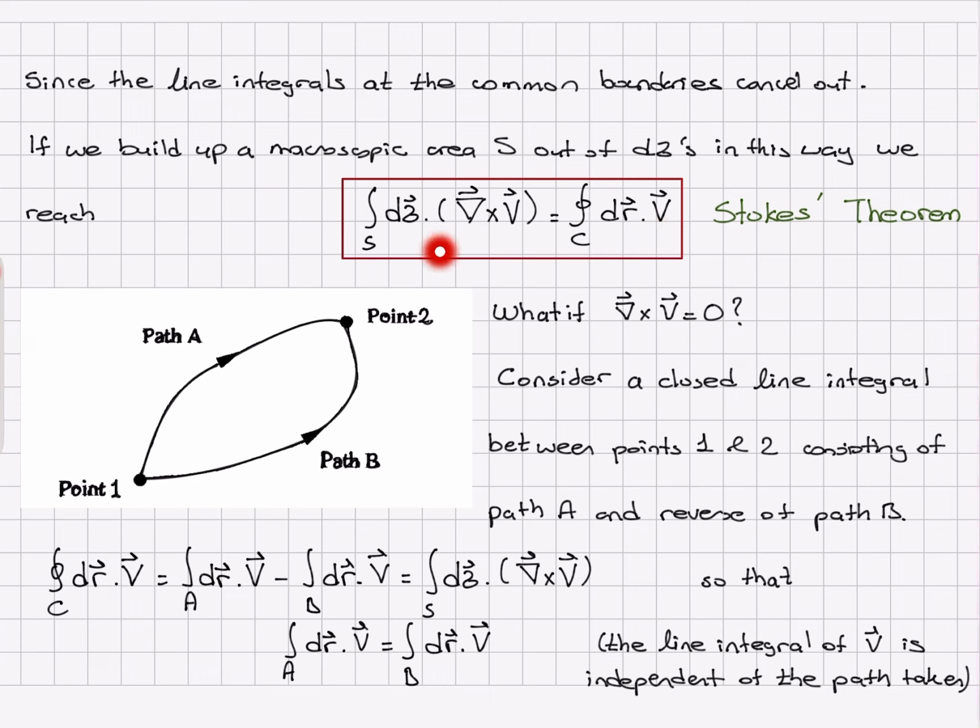And if curl V is equal to 0, we can see that going between 2 points, point 1 and point 2, the path integrals become independent of the path taken because of this curl V being 0 and using Stokes theorem. So that means the path integral is independent of the path taken.